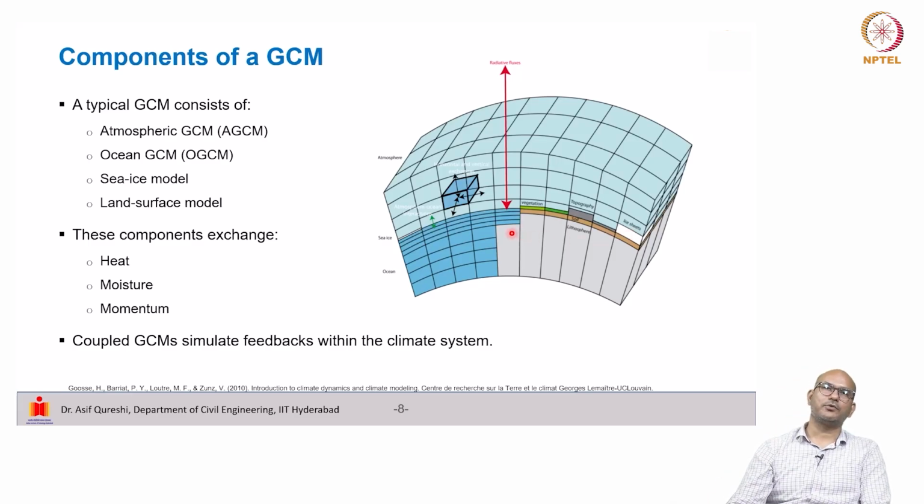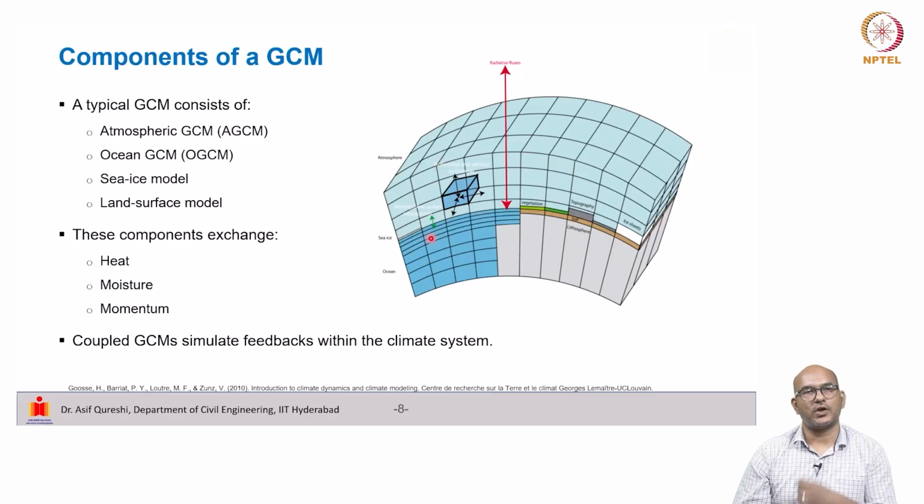When we come near the oceans, we have maybe shallow oceans and then shallow and deep oceans, and we have oceans described in so many layers. We have sea ice above the oceans. Then above the oceans and land, we have the atmosphere, so these are different atmospheric grids.